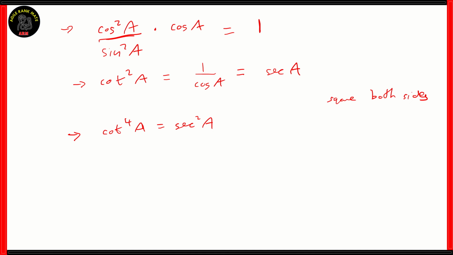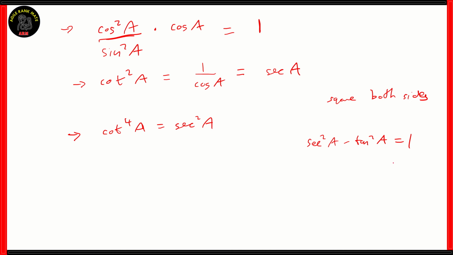Now, why did we use the square function on both sides? This is to use another trigonometric identity, which is sec squared A minus tan squared A equal to 1. This is one of the 3 trigonometric identities.